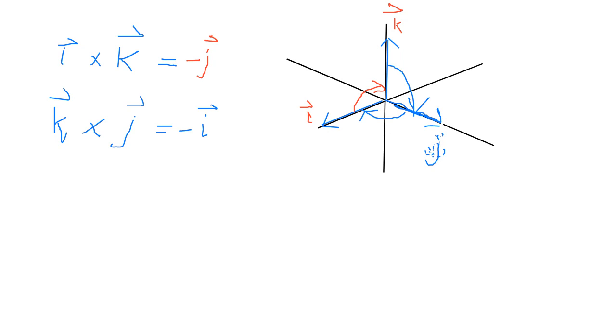That's correct. But whenever you do J cross I, instead of going like this, that still means you're doing I cross J. No, that's J. No. The first one, do your thumb up. That's I cross J. Right. But now flip your hand. That's J cross I.